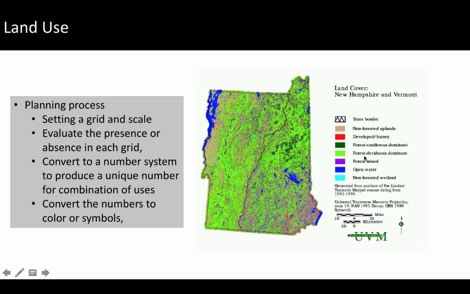But lots of it is deciduous forest, as you can see, and non-forested uplands. Okay? Each of these little pixels represents essentially a little chunk of data that has been compiled in a false color image mosaic.